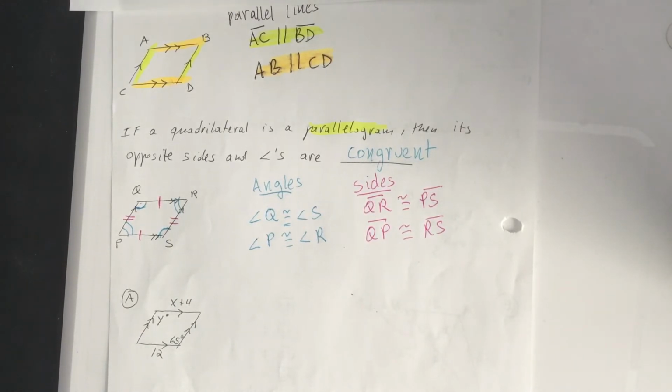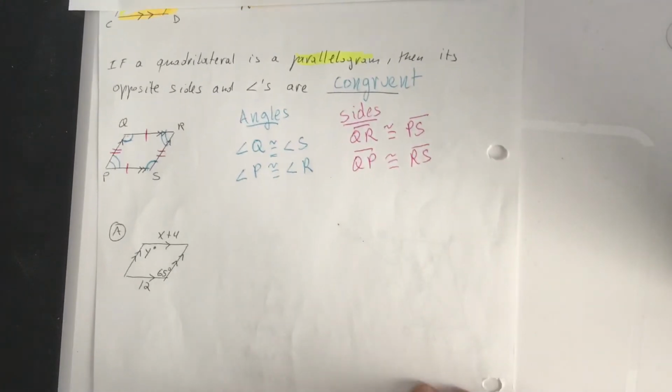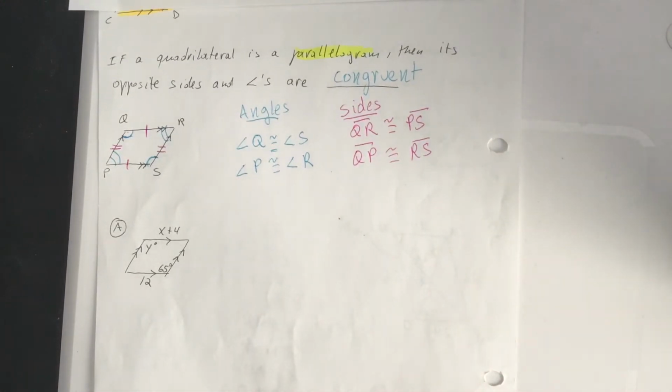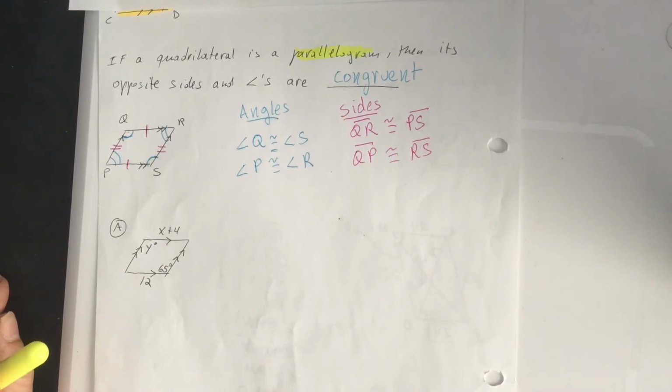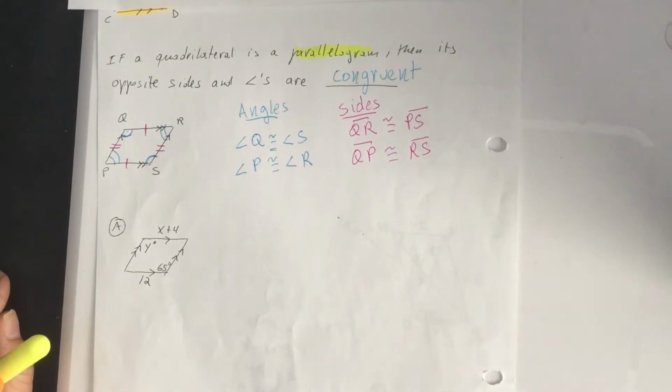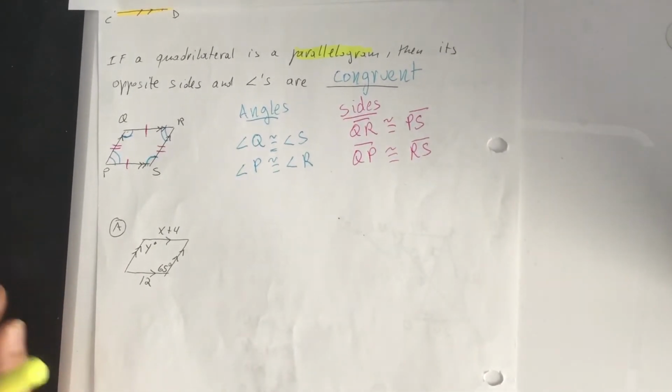Now let's take a look at the example. So let's move it up a little bit. We got a parallelogram, and they want to find out what is the value of X and what is the value of Y. So again, opposite sides are congruent, and opposite angles are congruent. So let's start with the angles.